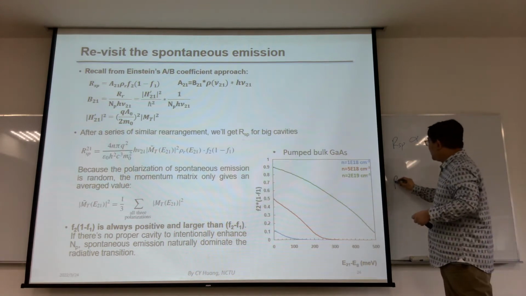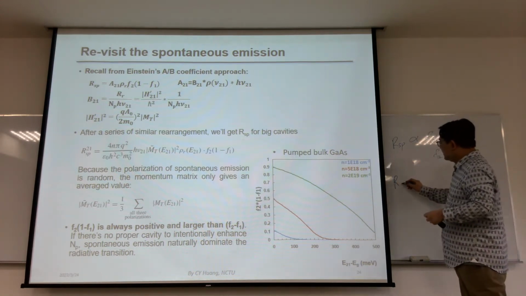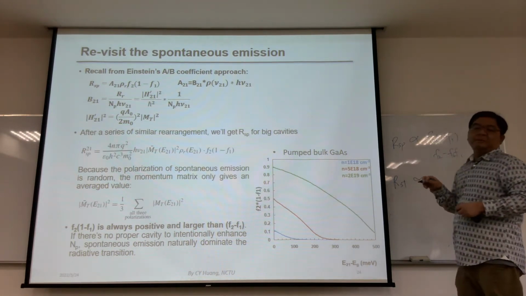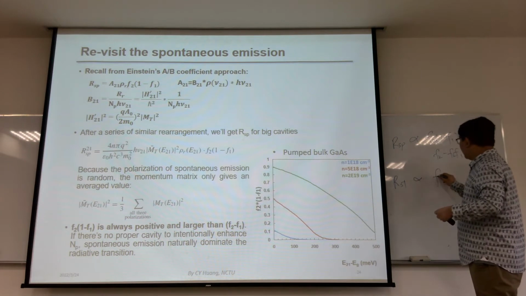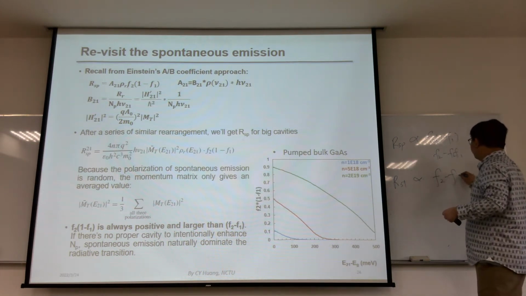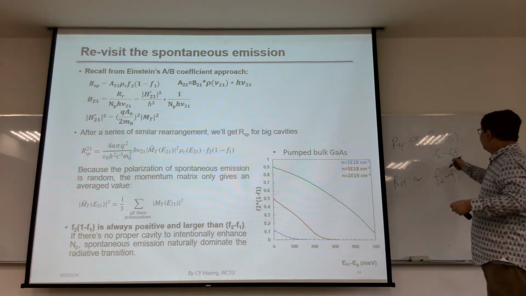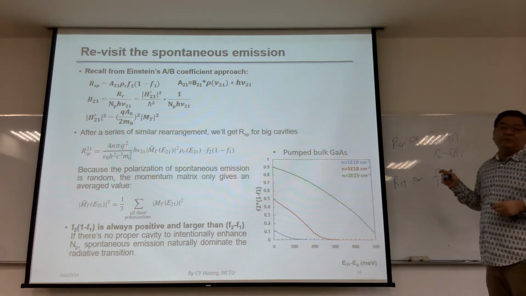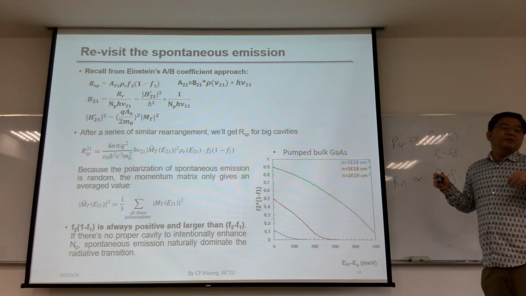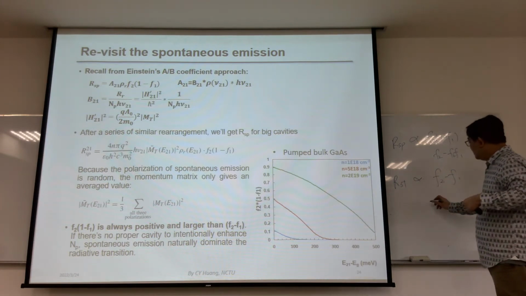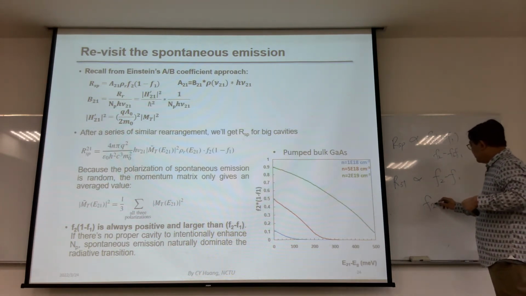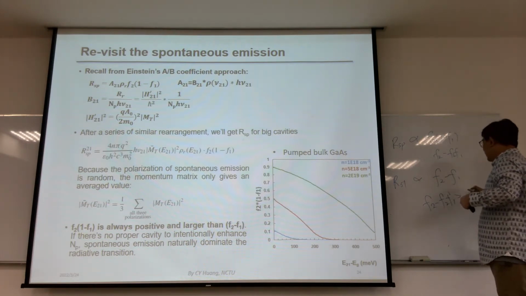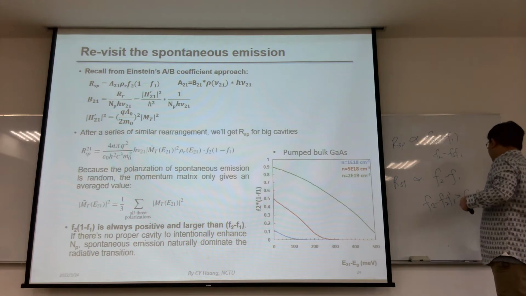And the R_st, stimulated emission, is proportional to f2 minus f1. Since f2 is smaller than 1, it's a number between 0 and 1, f2 minus f2 f1 is definitely larger than f2 minus f1.